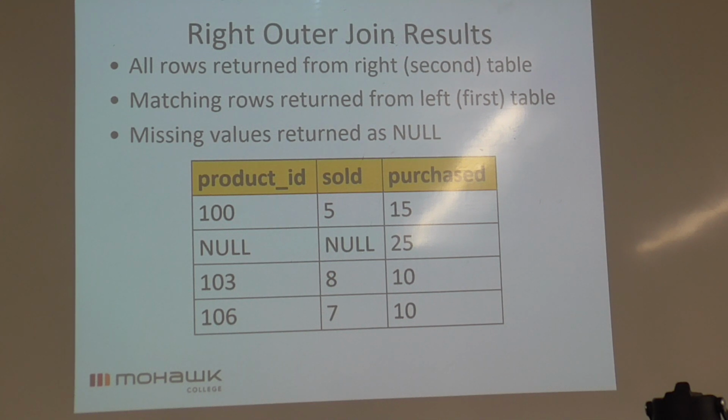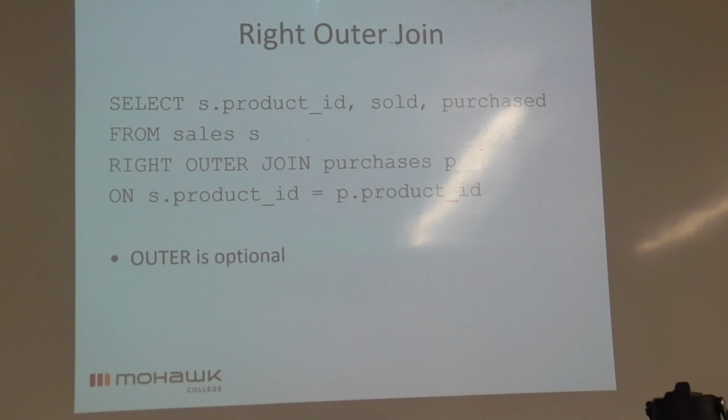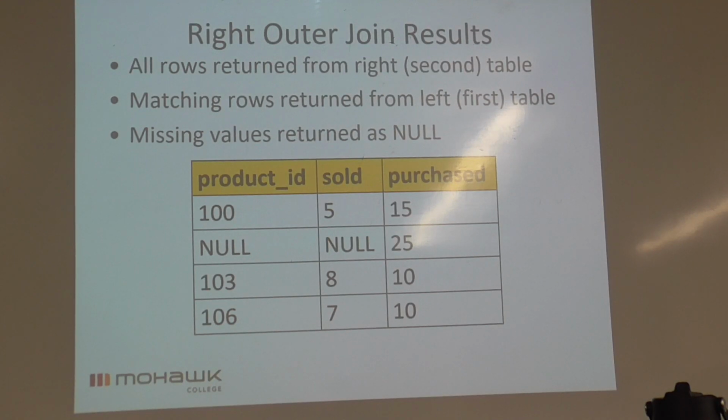Why null here? Let me return to the query. S dot product ID. So why is this null?